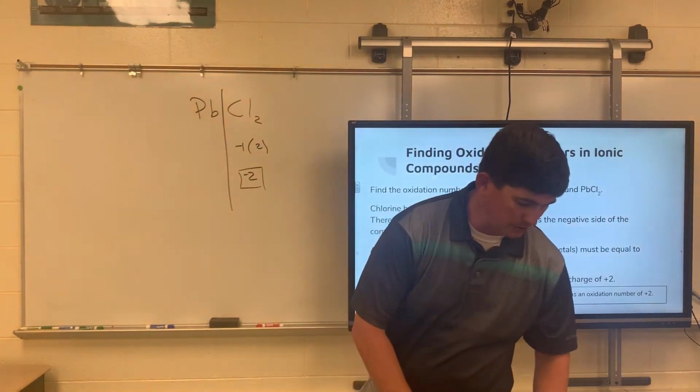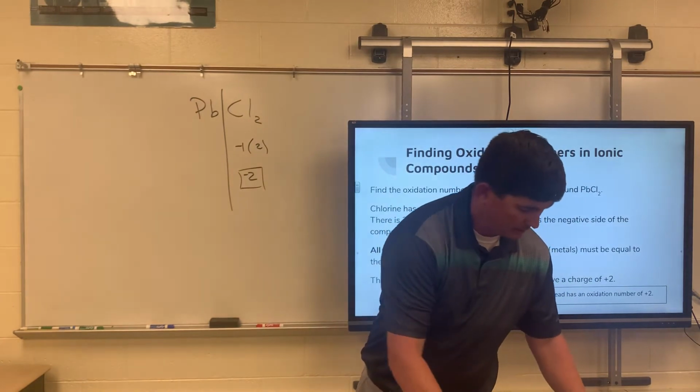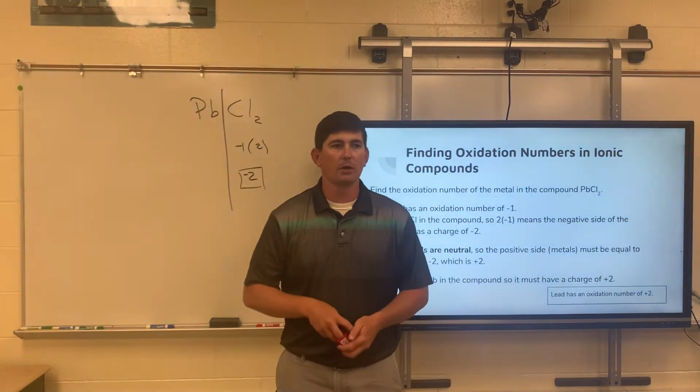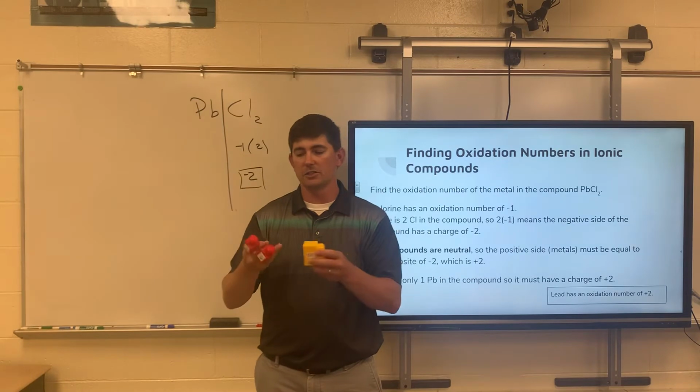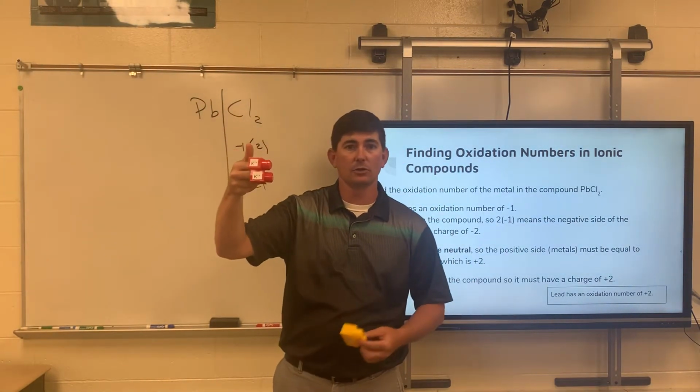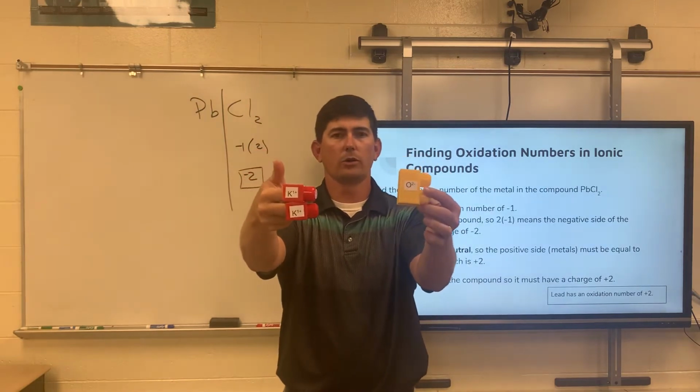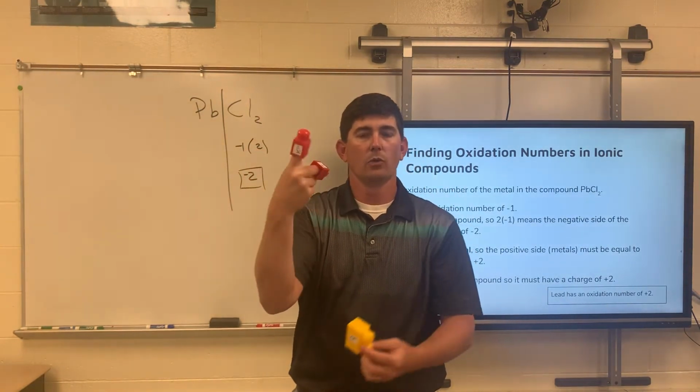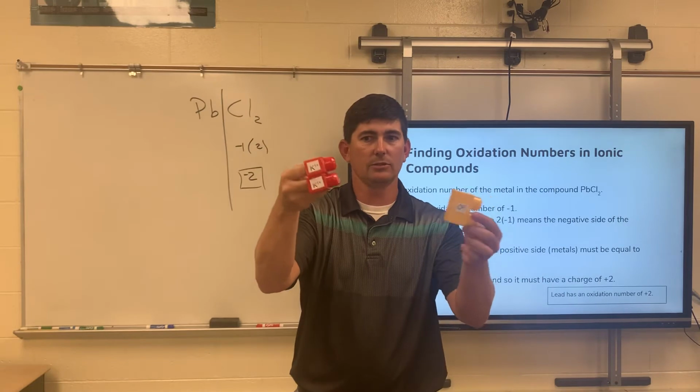Taking a separate problem here, if I've got potassium and oxygen, then since oxygen is -2, I'm going to need a +2 from the potassiums in order to balance that out, right? So one potassium wouldn't do it. I would actually need 2 potassiums.